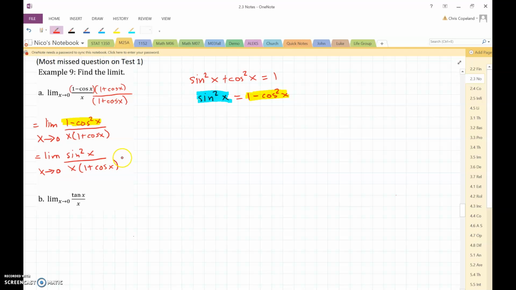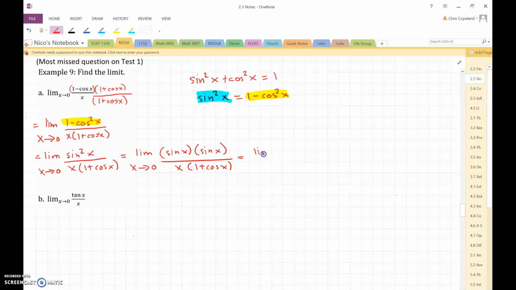Then I can rewrite it this way. The limit of sine of x times sine of x all over x times 1 plus cosine x, again, as x goes to 0. Then you can think of it this way.